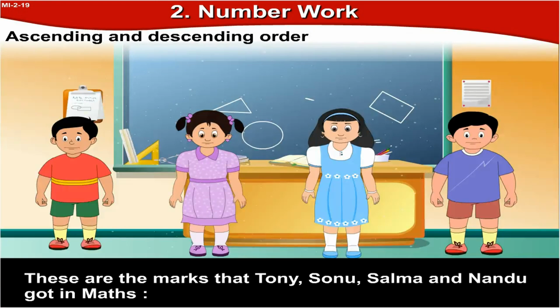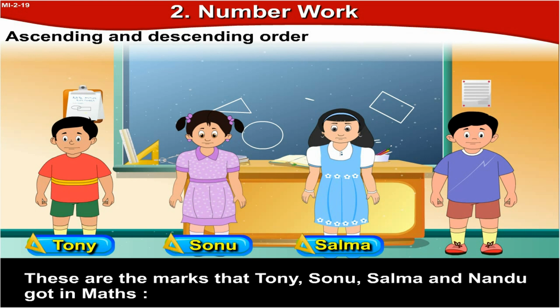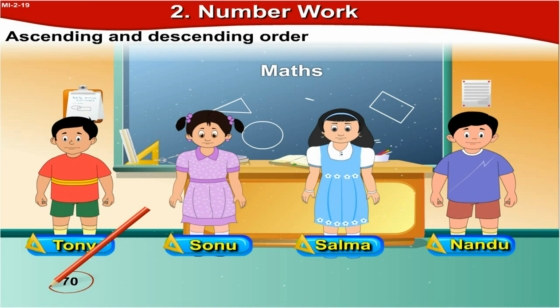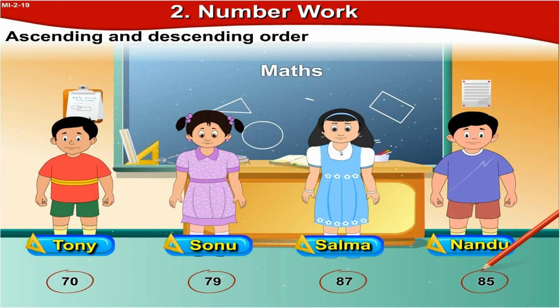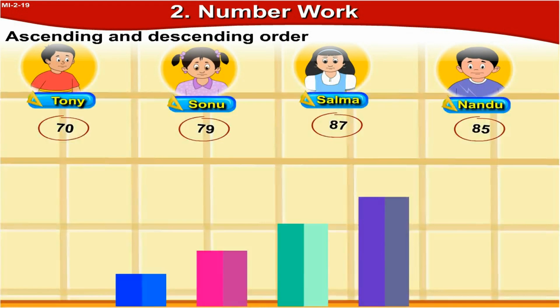Now, these are the marks that Tony, Sonu, Salma, and Nandu got in maths. Tony got 70, Salma 87, Sonu 79, Nandu 85. Write the marks in ascending and descending order. First, we'll see the ascending order.